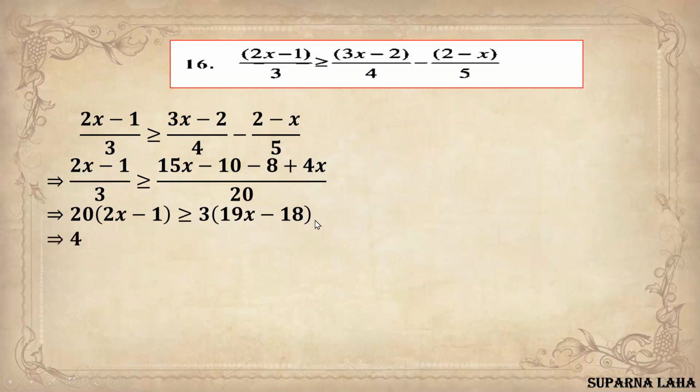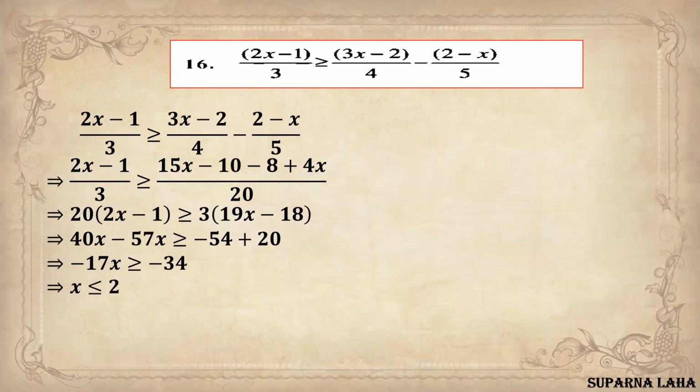Now multiply it: 40x minus 20 is greater than or equal to 57x minus 54. Taking terms to this side, if we simplify it, we will find minus 17x is greater than or equal to minus 34, and x will be less than or equal to 2.